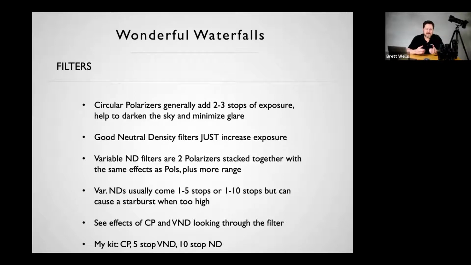You can combine the variable ND with the regular ND, but just don't combine your circular polarizer with the variable ND. As I understand a variable ND, it's actually a circular polarizer and a linear polarizer together, but I might be wrong about that one.